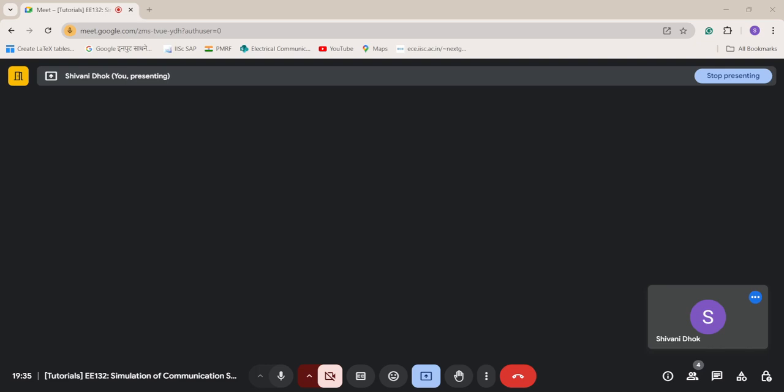Then we have M. Let's start with 4. So this is basically your number of constellation points. Then we have N naught, which is equal to, let's say, 1 for now. So this is your noise variance.